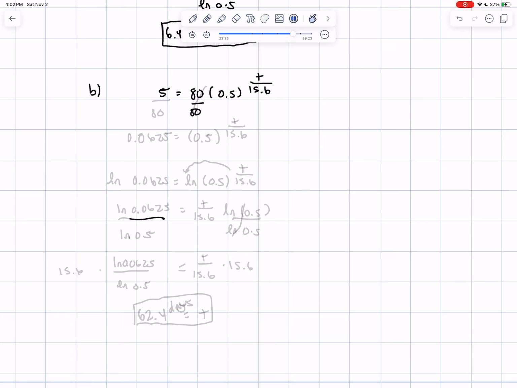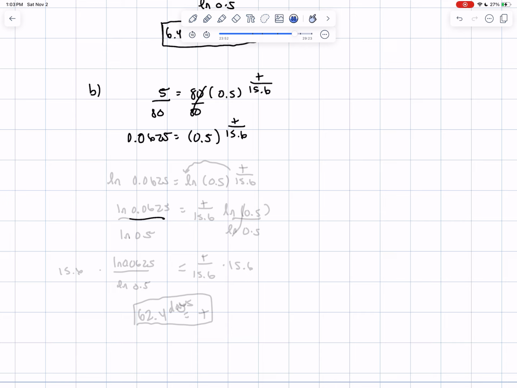So 80. And remember, the 0.5 is the 1/2. So 5 divided by 80 is what? I'm getting 0.0625.